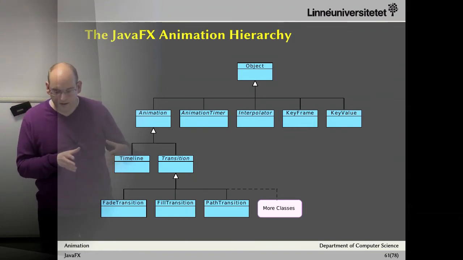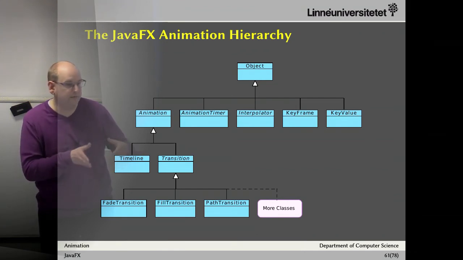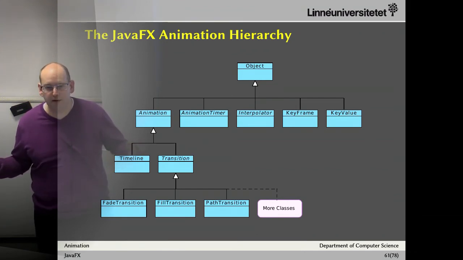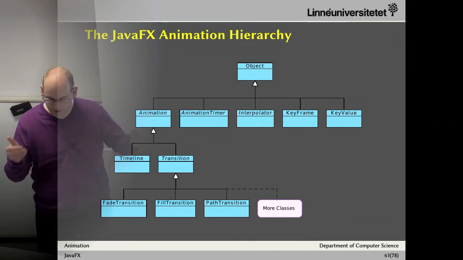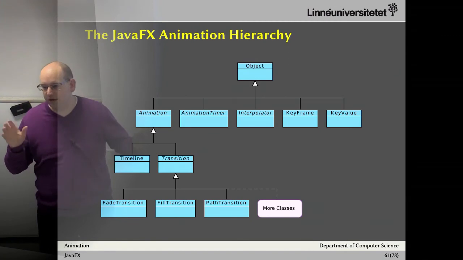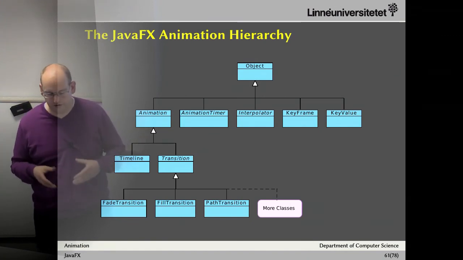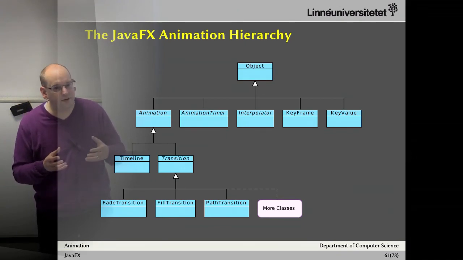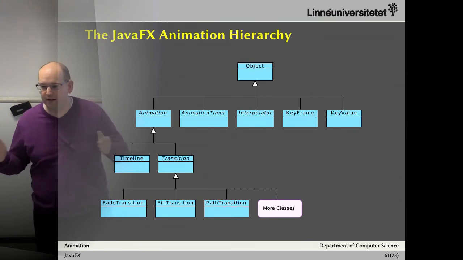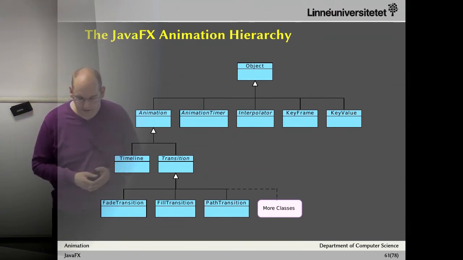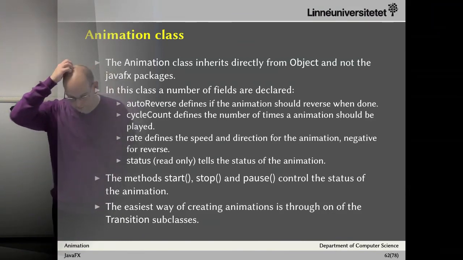The animation is divided into Timeline and Transition, where Timeline is keyframe based animation, where you decide which frames you want to use in different keys. And Transition is stuff like FadeTransition, FillTransition, PathTransition, which are different changes of states of something, and we animate this change of state.